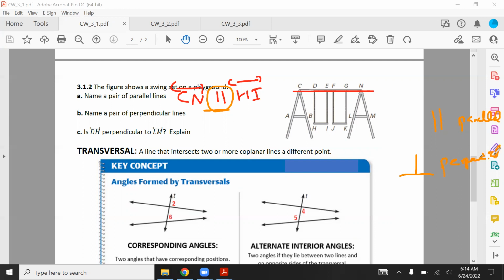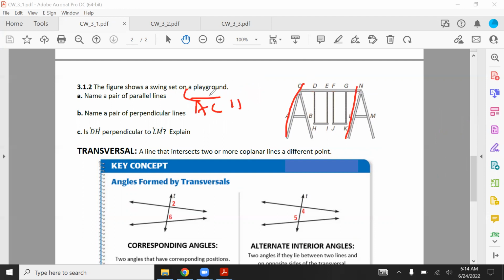There are more parallel lines, if you wanted to say so. You could say AC and LN. I said lines, I'm using the symbol for lines right above each of the letters there. You can also say BC and MN. See, those are parallel.